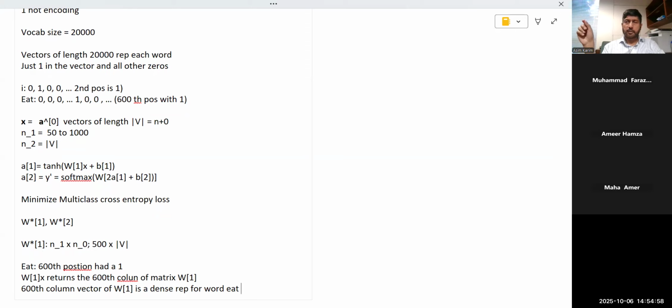Remember how many columns there were? There were as many columns as the vocabulary size. The first vector is the vector for the first word in the vocabulary, the first position. The second is the vector for the second word in the vocabulary, and so on.